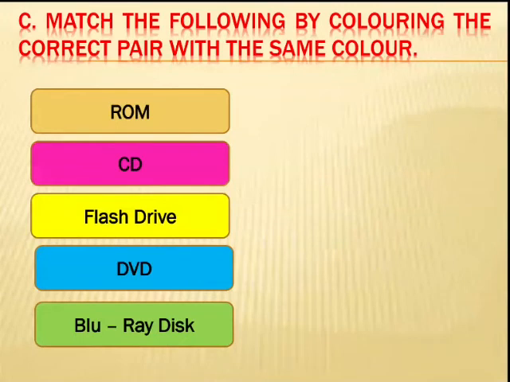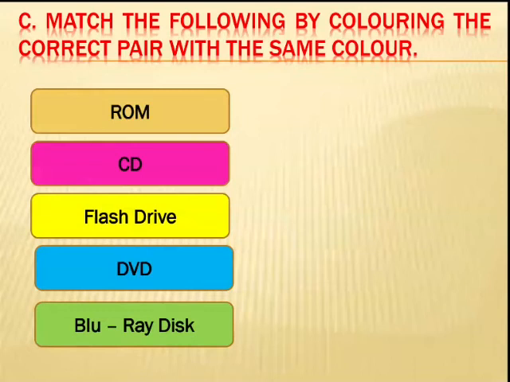Plug and play device. I hope, students, you have kept a workbook in front of you. So the given B part is plug and play device, 50 GB, 4.7 in diameter, internal memory, 4.1 GB.